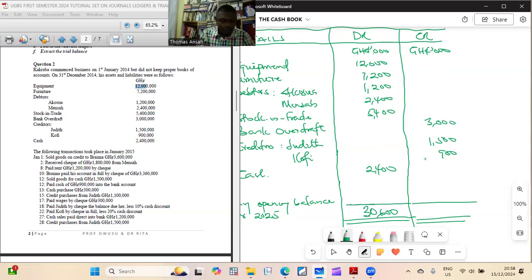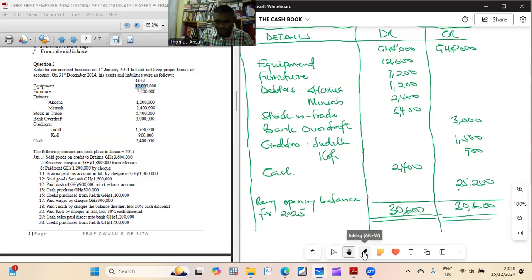If I check this side, minus 3,000 minus 1,005 minus 900, I have 25,200. So that means that this side is short by 25,200 to make this side balance to 3,600. What figure then is this? You now remember your accounting equation? That will be my capital.